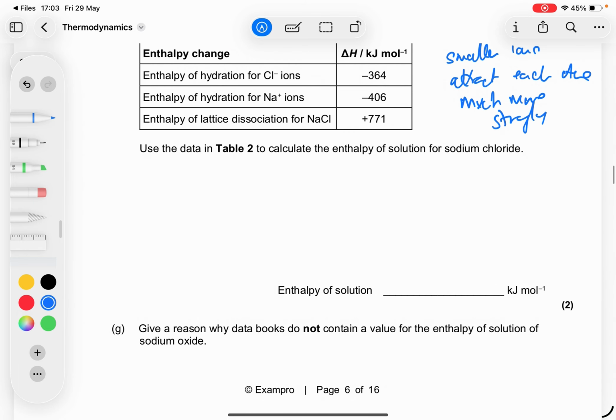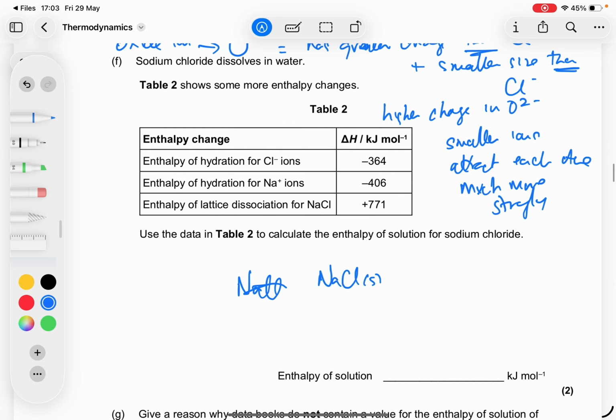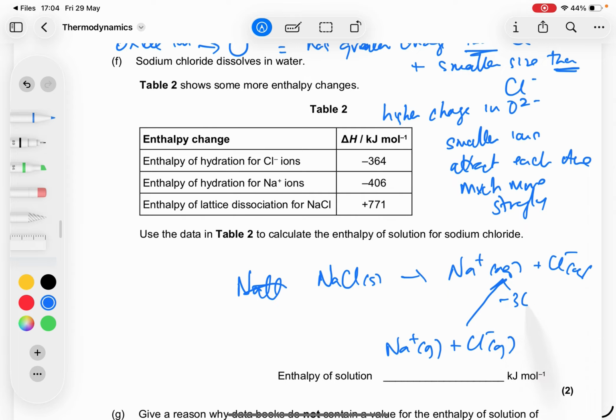And again, look here, sodium chloride. So enthalpy of solution of sodium chloride gives you Na plus and Cl minus. Same procedure. Can you see hydration on the right, which is minus 364 and minus 406.